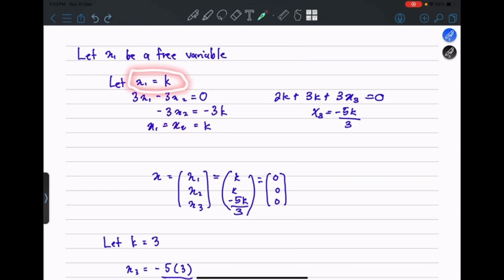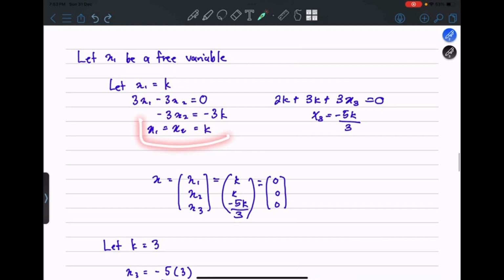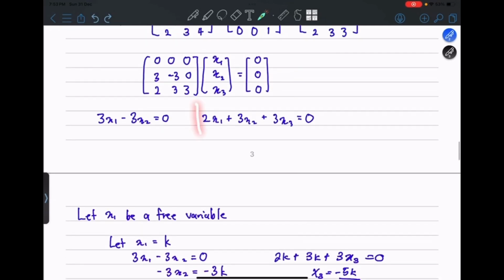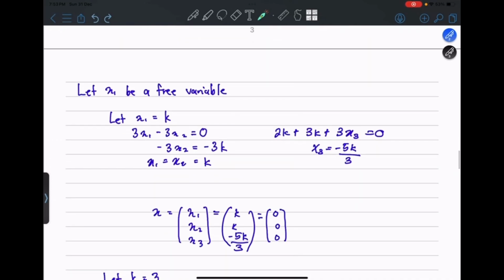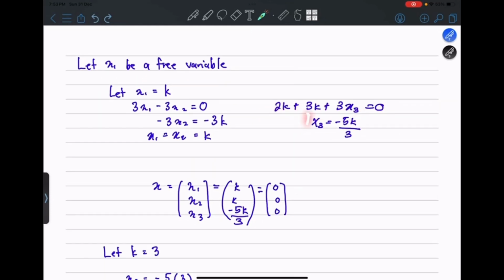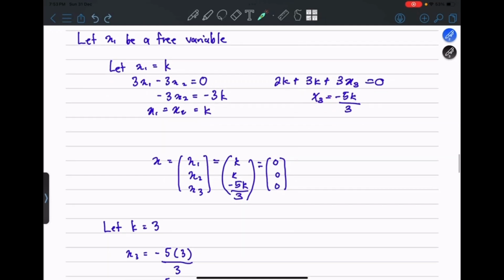Since this one also equals k, I just write it like this. Then I take this other equation and put k inside for x1 and x2. From that, I get x3 equals negative 5k divided by 3.